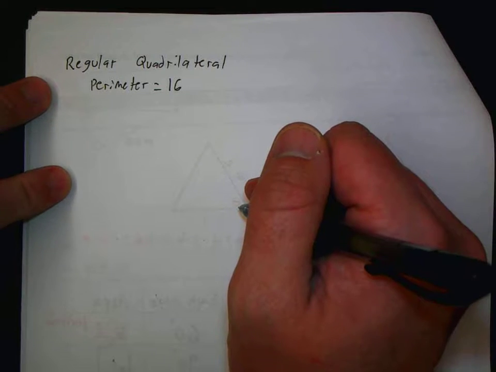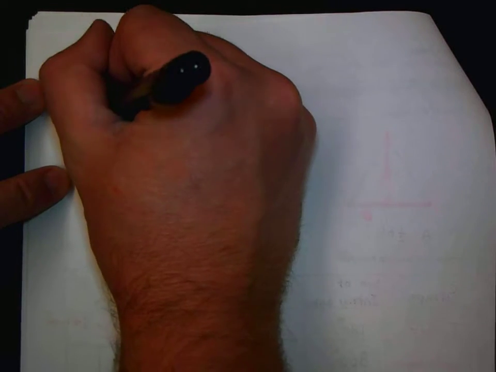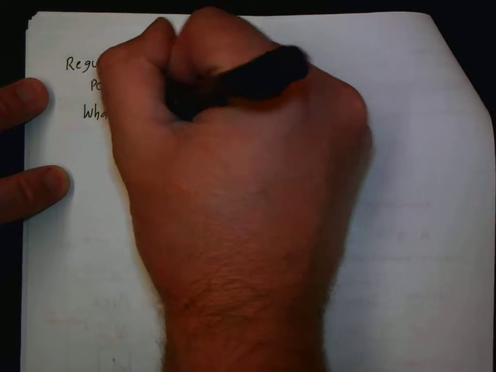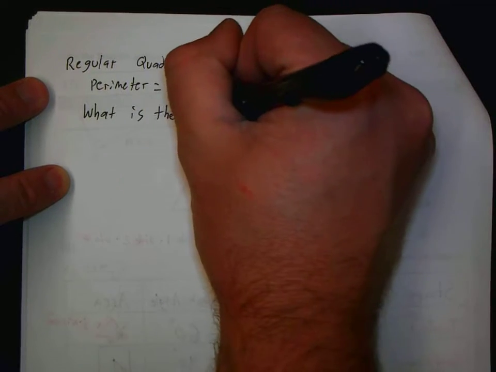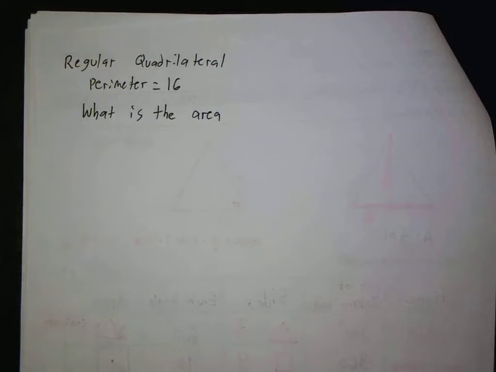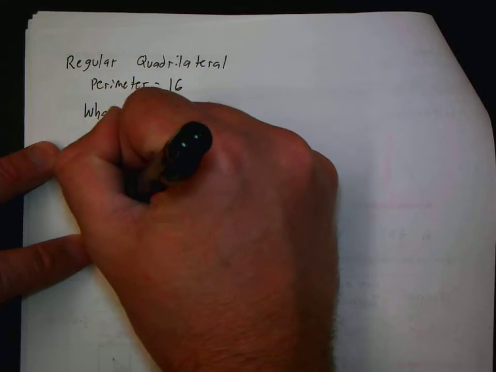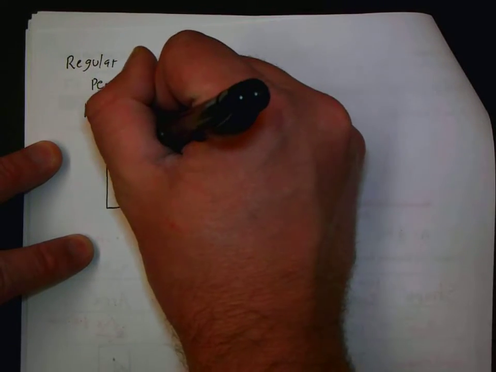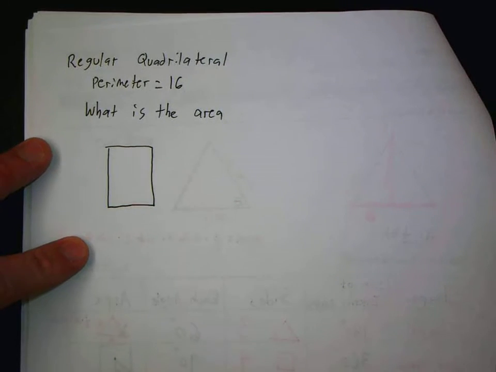And what is the area? So regular quadrilateral, that just means a square. It looks like a rectangle, I'm sorry.